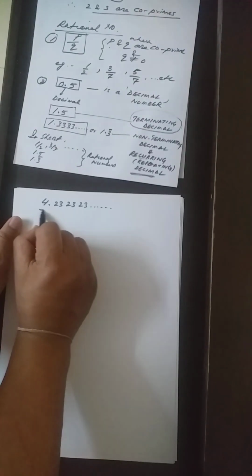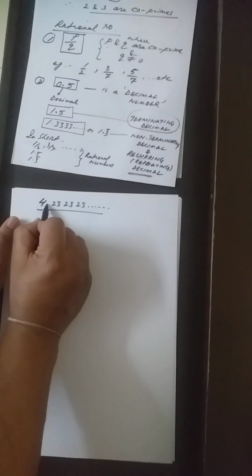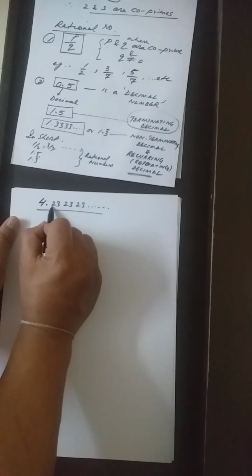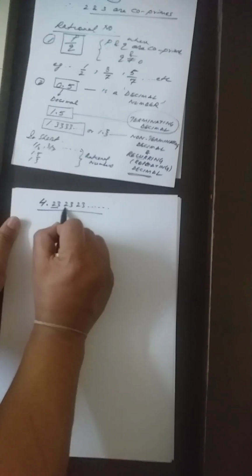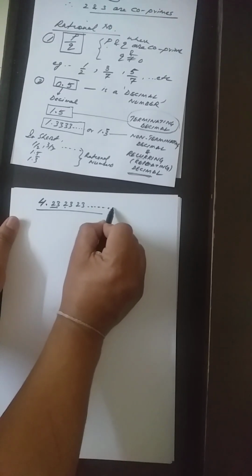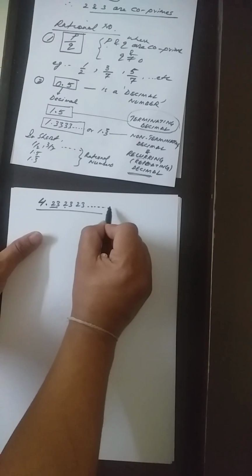Will this be a rational number or not? Let us first look at this number. We have the number 4 followed by a decimal, then 232323. We have two digits repeating after decimals, and these digits are also non-terminating, meaning 2323 keeps on repeating.